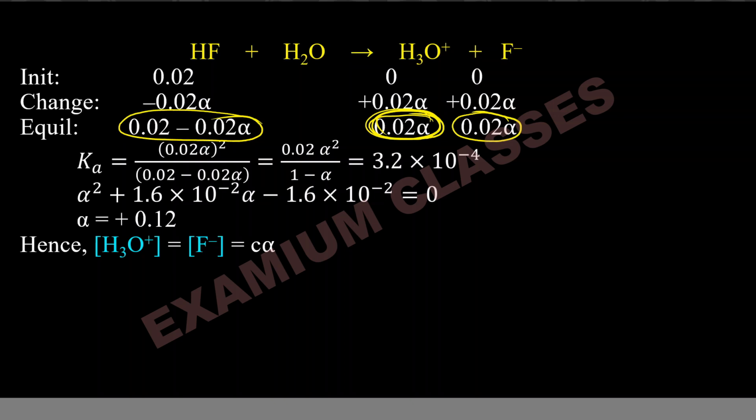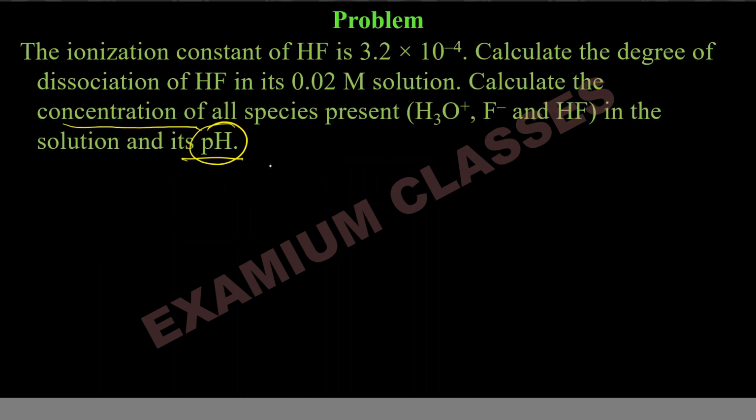So I'm going back to show you the question again. Try to recall how we solved it. Here you have been asked to calculate the concentration of these species and pH. For pH, obviously you need hydronium ion concentration, which you have been asked to calculate. How do you get these concentrations?